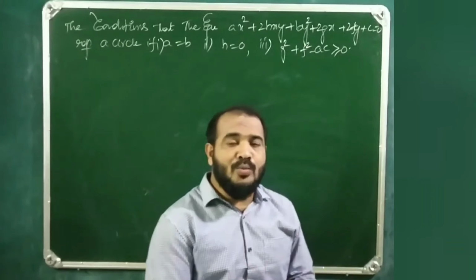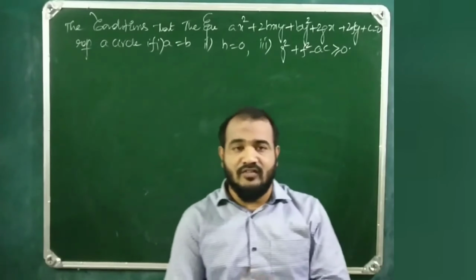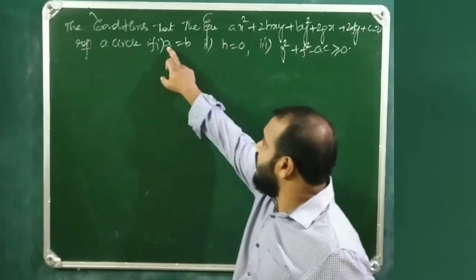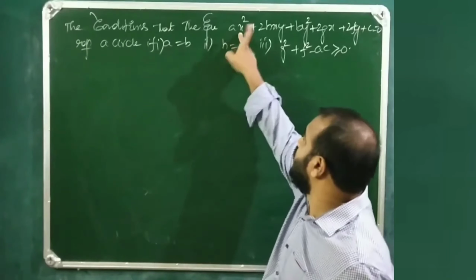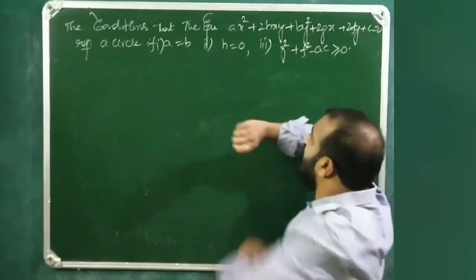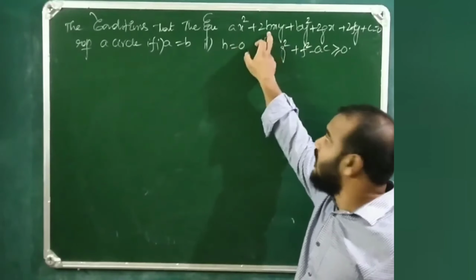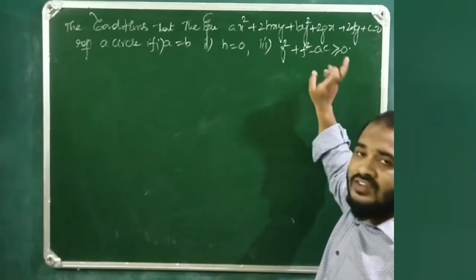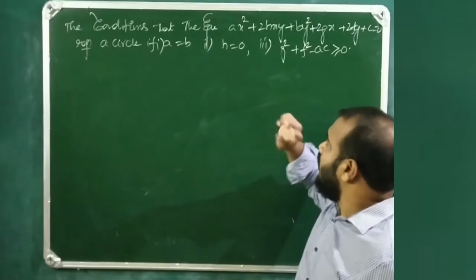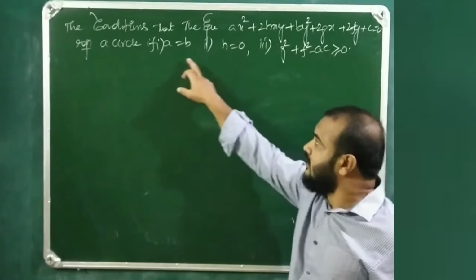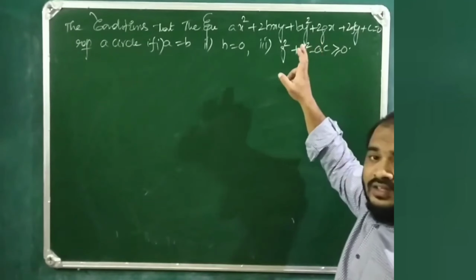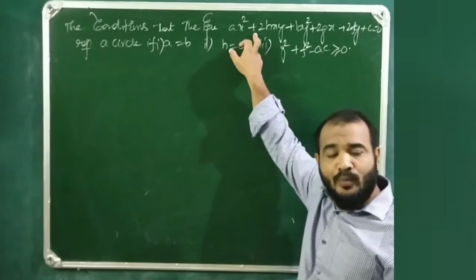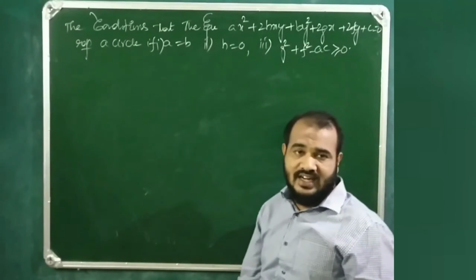For it to represent the equation of a circle, the coefficient of x square should equal the coefficient of y square, so these two should be equal, and h equals 0, so the xy term should be absent, and g square plus f square minus ac is greater than or equal to 0. If it satisfies these three conditions, then the second degree non-homogeneous equation automatically represents the equation of a circle.